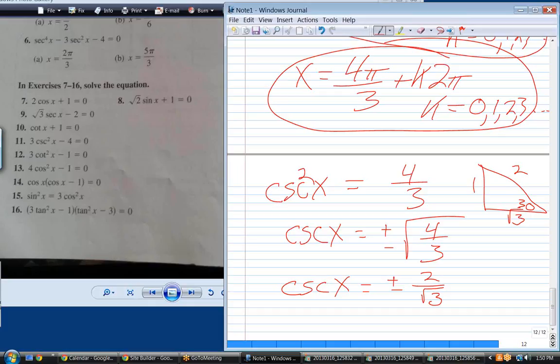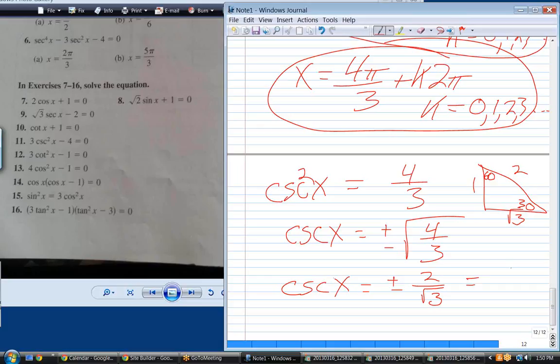At 30? Well, at 30, the sine is 1 over 2, which would mean the cosecant would be 2 over 1. Yes, it's 60. It's 60 because the sine of 60 is root 3 over 2, which means the cosecant of 60 is 2 over root 3.